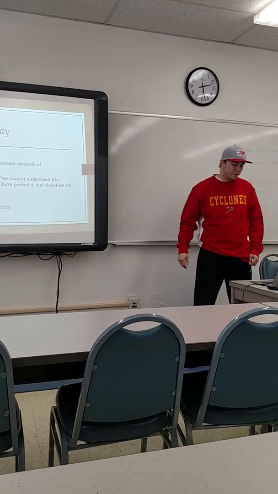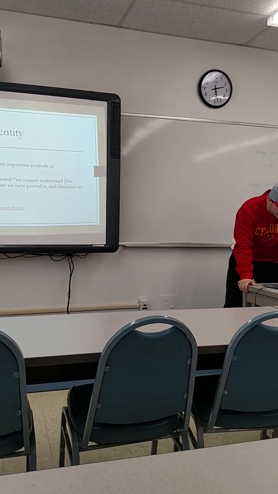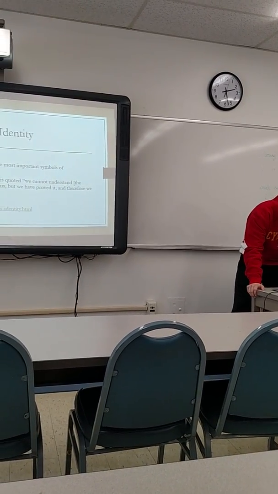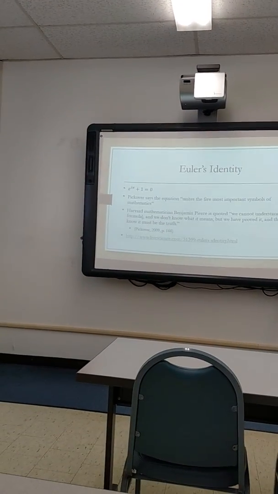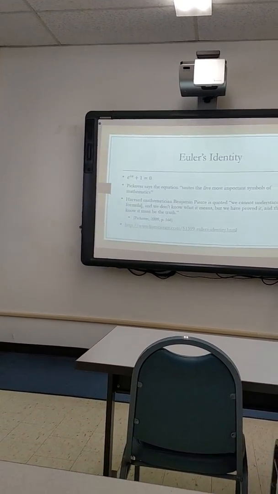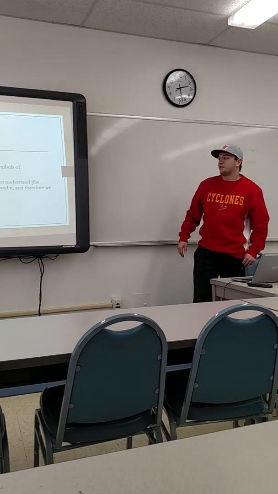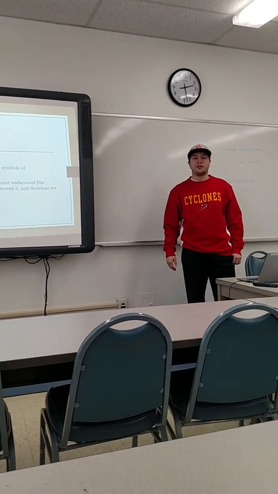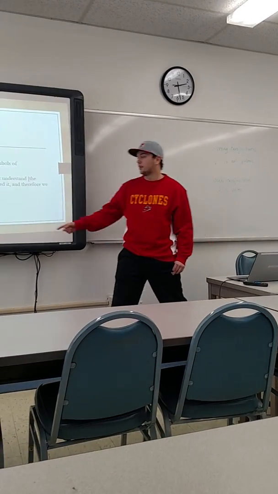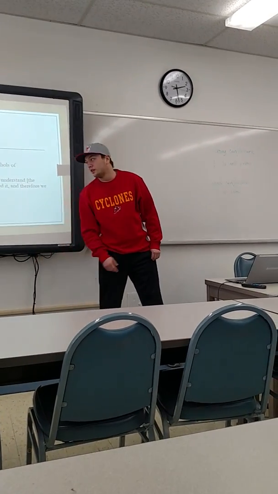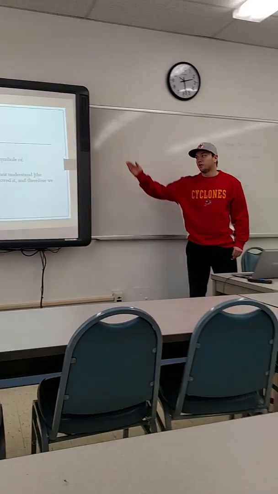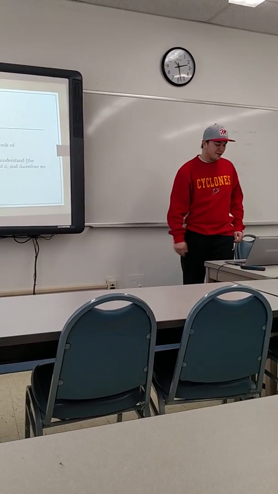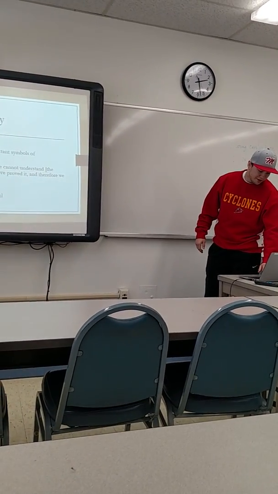And there's a Harvard mathematician from the book who's quoted as saying, "We cannot understand the formula and we don't know what it means, but we have proved it and therefore we must know it to be the truth." I guess there's not a whole lot of information in the book, but this link had a little more, so if you guys want to check that out. It's known as Euler's identity just because it has Euler's number e in it.